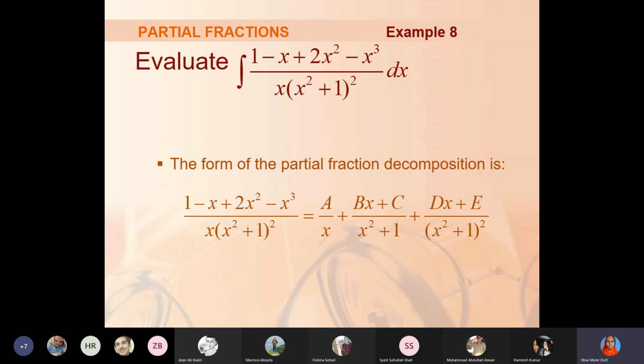First of all, check whether x square plus 1 is reducible or irreducible. After that, decompose it into partial fractions and then find the unknowns, and after finding the unknowns, integrate.